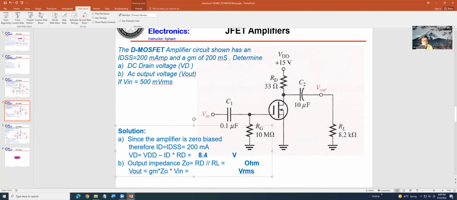Output impedance. You understand? In this situation, they give the load equal to K. So the output impedance will be RD parallel RL.